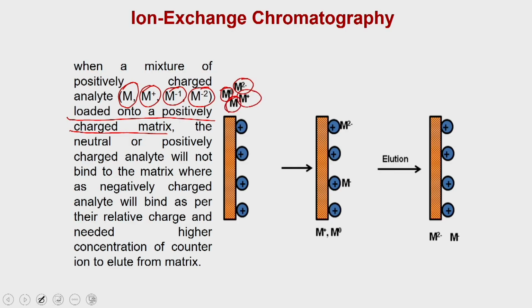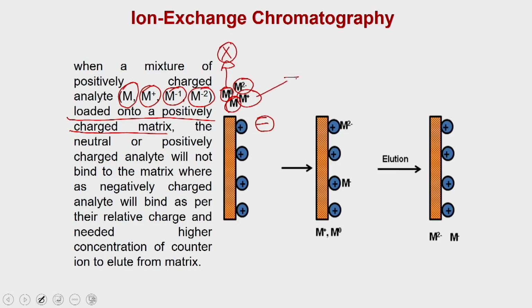What will happen while these molecules go through the column is that they will interact with the positively charged groups present on the matrix. Because positive charge always has an affinity for negative charge, the neutral M is not going to bind to the matrix.